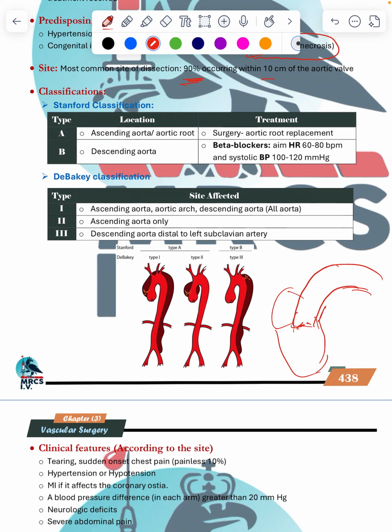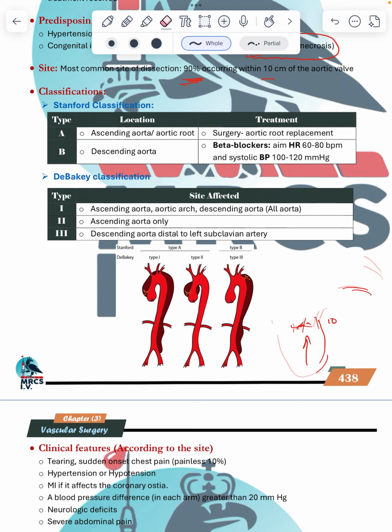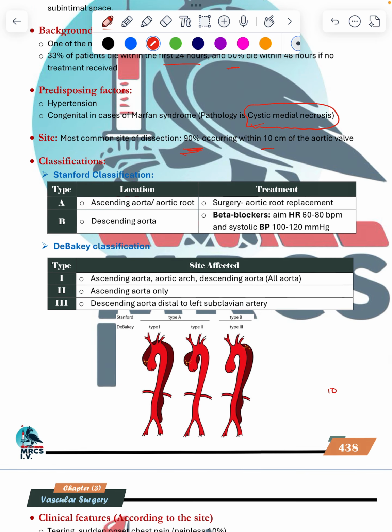Basically, the ventricle is pumping a lot of blood inside, and within 10 centimeters the dissection starts from here. Once it starts, instead of going straight, some of the blood goes in between the walls, and that causes aneurysms. This causes dissection.